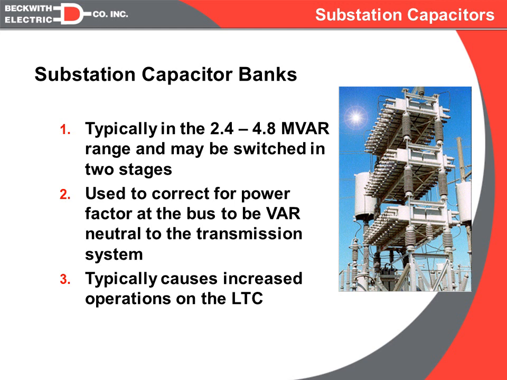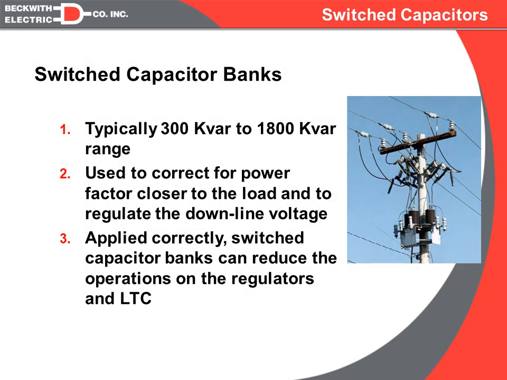So typically for every time the capacitor bank operates, a general rule of thumb is you're going to add 3 to 5 operations on your LTC, because the cap banks are so large that they have a bigger impact on the voltage. The other thing we can do is apply switched capacitor banks downstream.